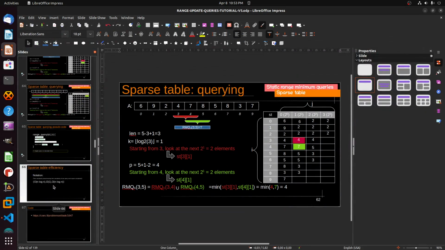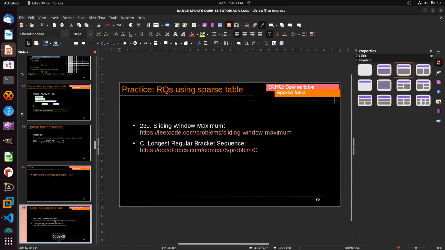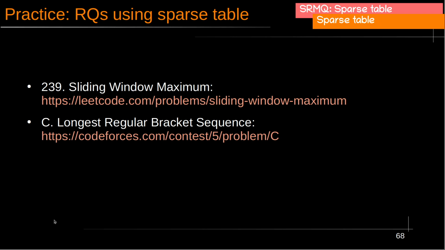I will give you two problems to practice using the sparse table. Of course, we can use other logic or approaches to resolve these two problems, but here we're going to use the sparse table.